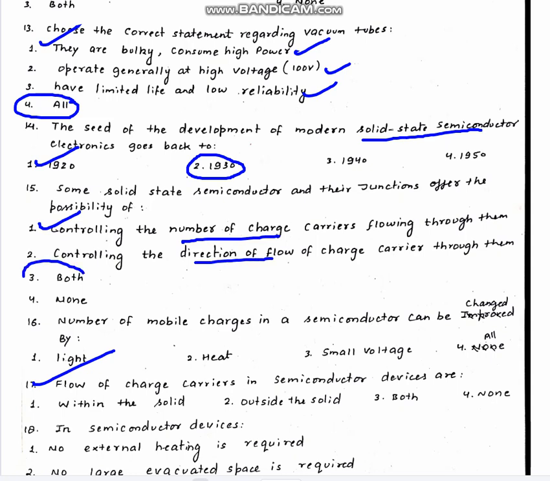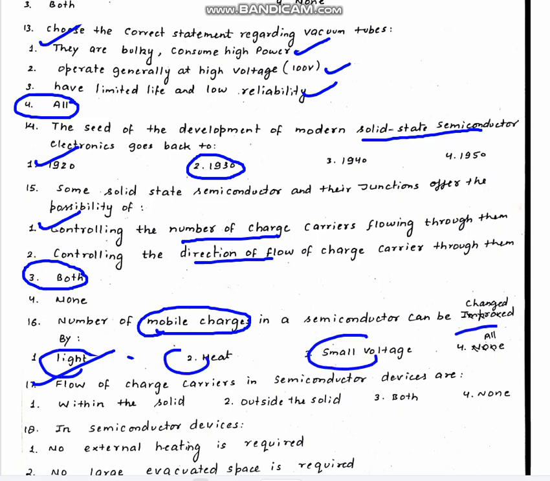So both of these are correct. So third will be correct over here. Next is number of mobile charges in a semiconductor can be changed by. Mobile charge carriers in semiconductors may be electrons and holes, and they can be changed by light, heat or small voltage. So all are correct. So fourth will be correct over here.